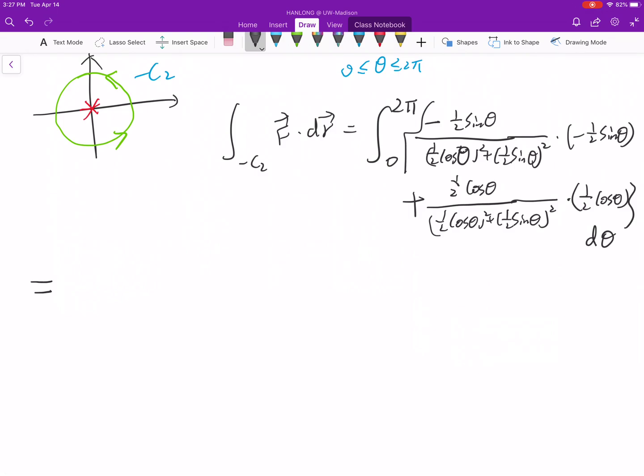Okay, then if you compute it, you find this is the integral from 0 to 2 pi of 1 d theta, it's 2 pi.